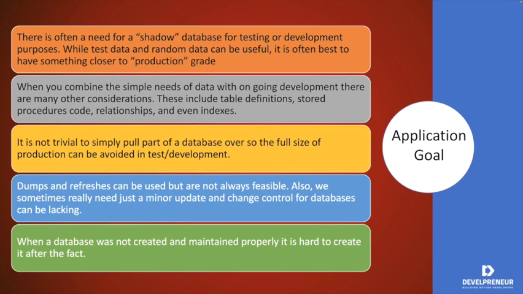Sometimes it is possible, but particularly with large databases or production data that has requirements to be secured, you don't want that data all over the place. It's just more stuff you have to secure. If you can't use the production database, you can create some test records or random data, but there is a need for production data, because it's not useful if your users in the database are user 1, user 2, user 3, user 4.